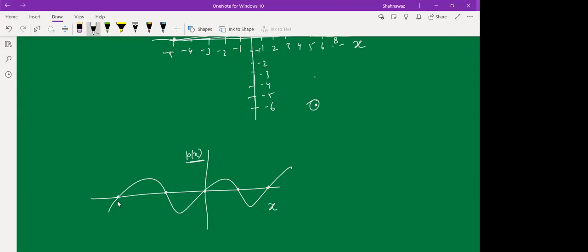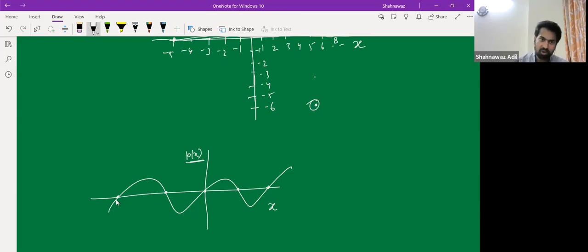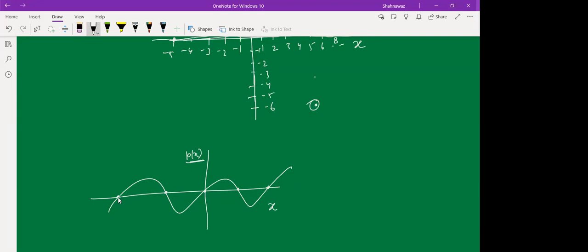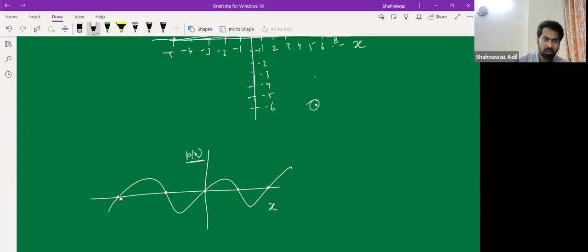Yes, the value of y. How much upward have we moved from the x-axis? 0, right?